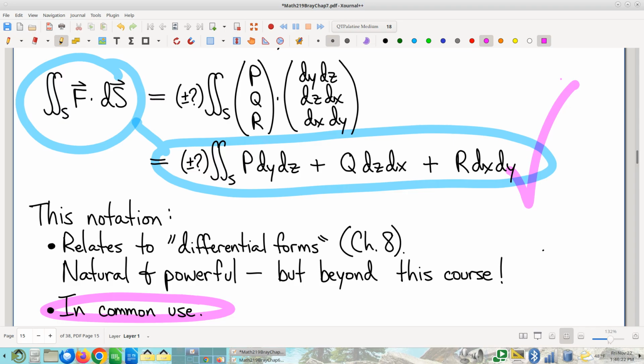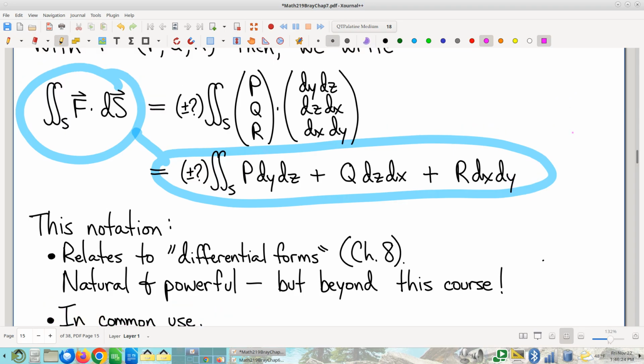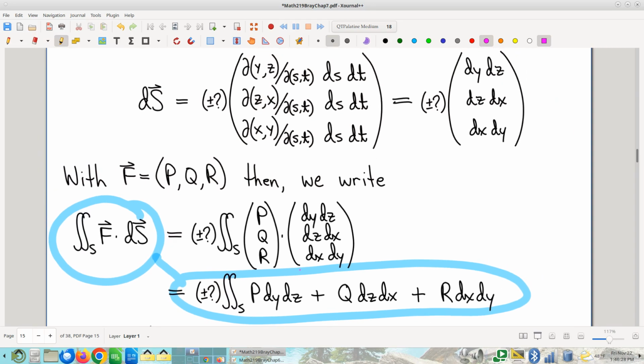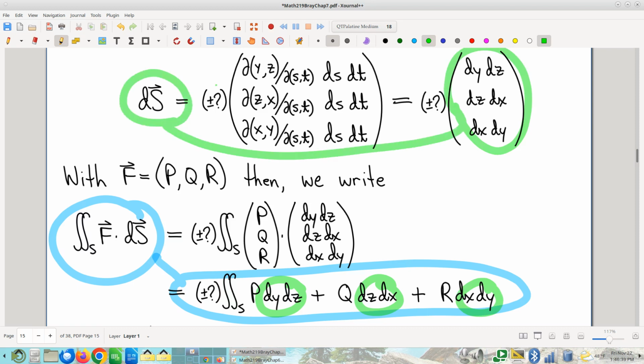When you see this notation, remember that these differentials are just an alternative notation for the ds vector.